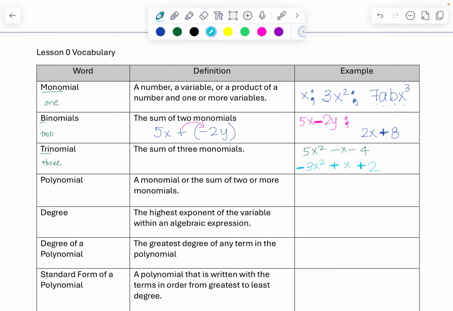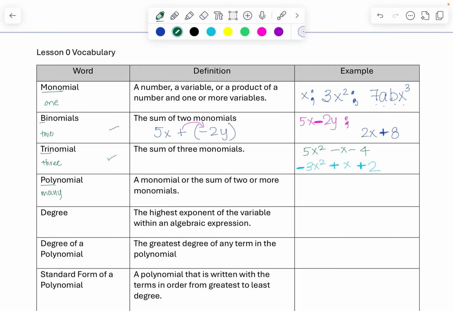Okay, so polynomial, poly means many. A polynomial is a monomial or the sum of 2 or more monomials. So a binomial would be a polynomial, a trinomial would be a polynomial, but a monomial is just a monomial because it's just one.